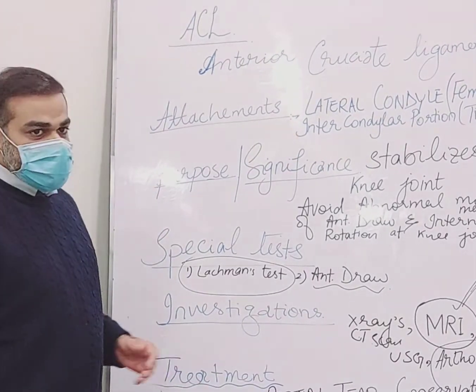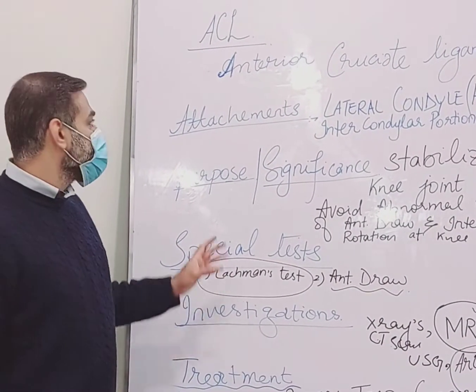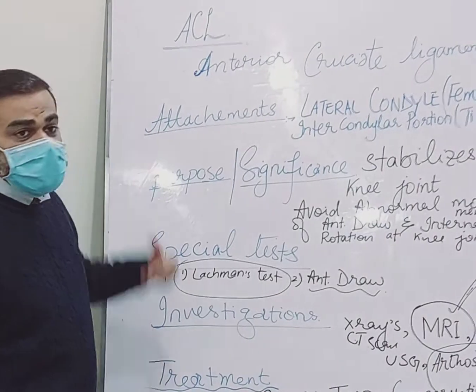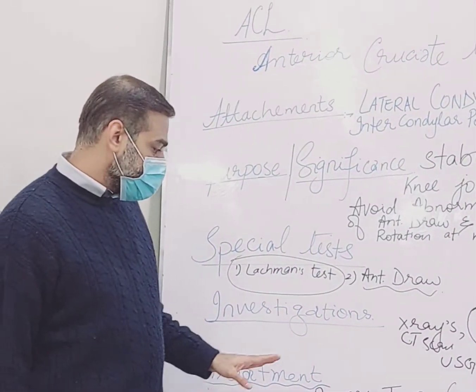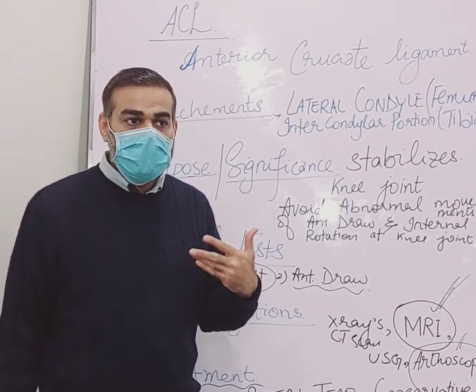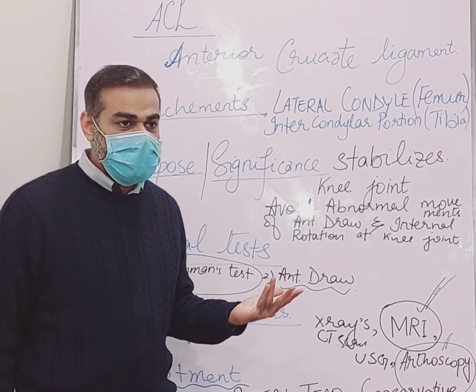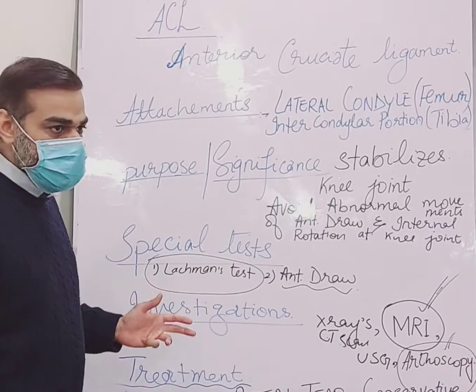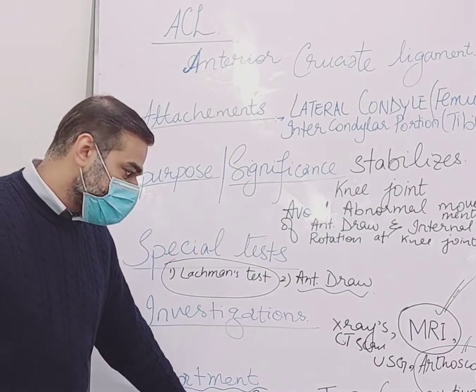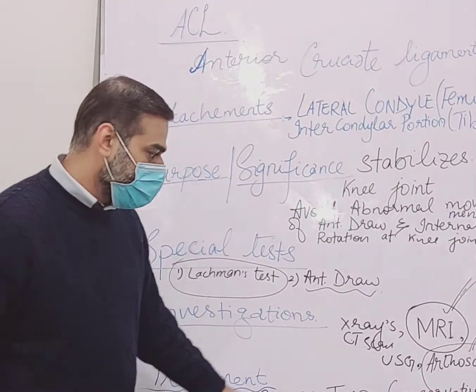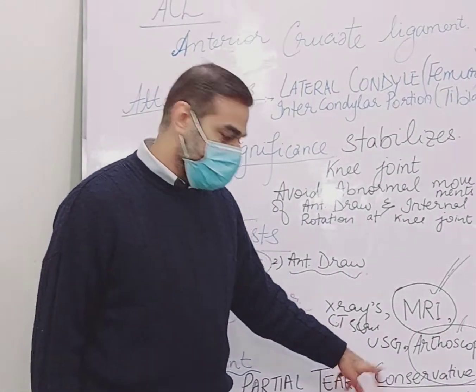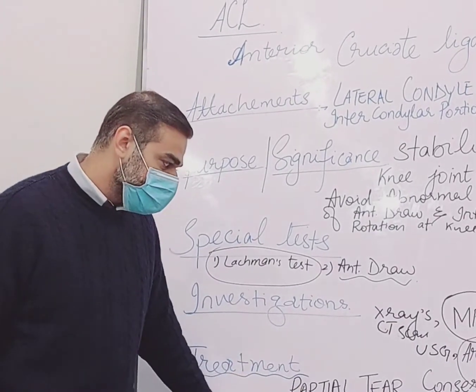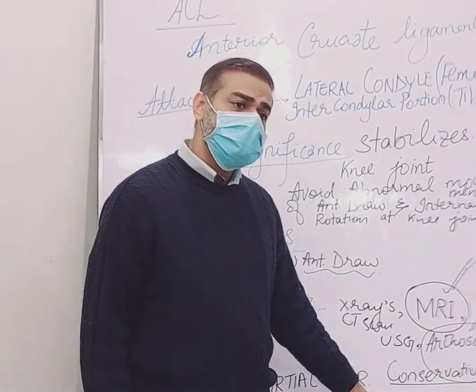What is the treatment option if you label someone as an ACL injury? The treatment option depends on the amount of damage done to the anterior cruciate ligament. If it is a partial tear, we will deal with it by conservative treatment, and if it is a complete tear, we will deal with it surgically.